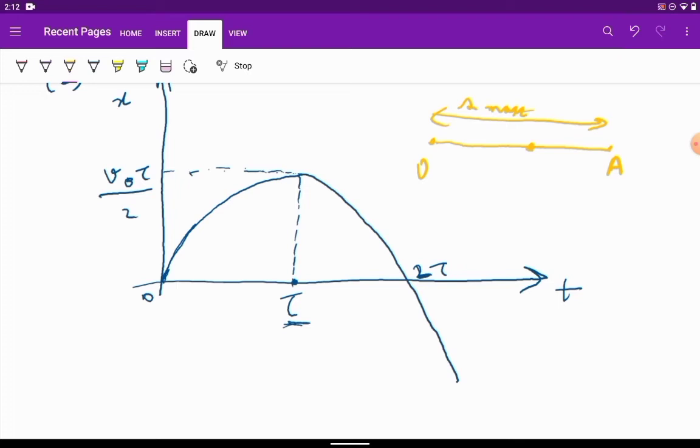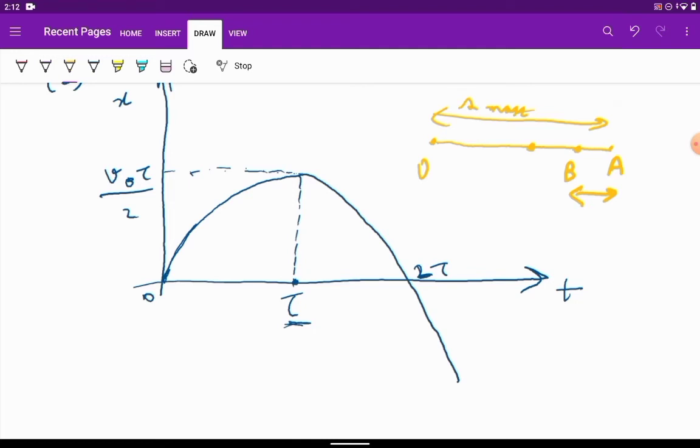But after t equal to tau, the particle retreats. So it will be somewhere on the left of A, of course, going towards the negative x direction, right? Now the distance covered would be S max plus, let's say the point is B, plus this AB.